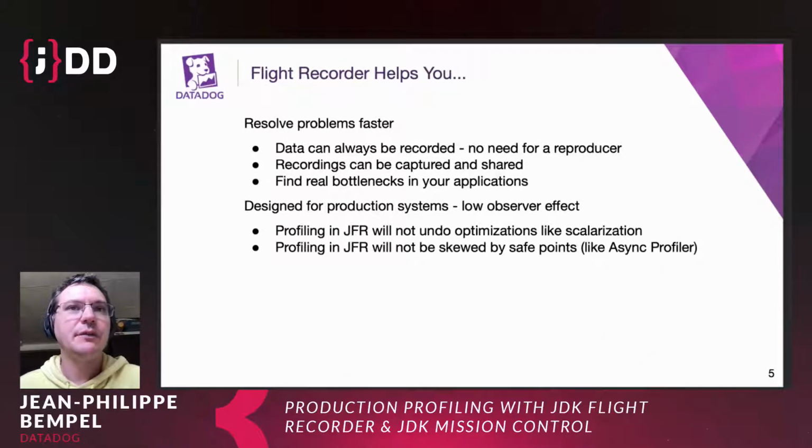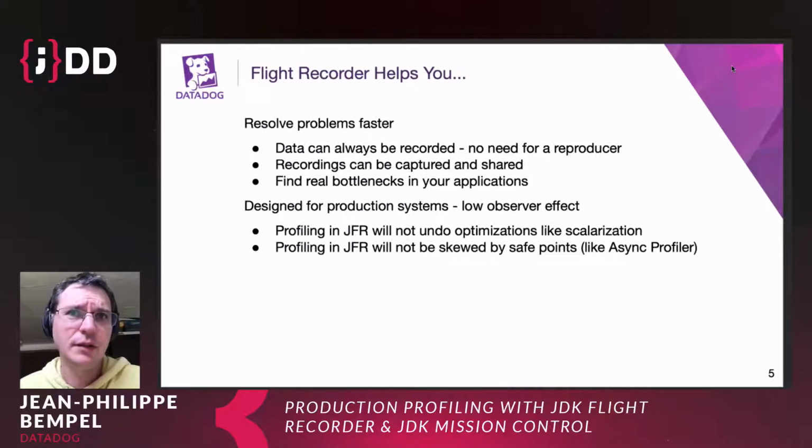Okay, so how does JFR help you to resolve problems faster in production? Imagine you have an issue that only happens in production and cannot be reproduced in test environments. With JFR, data can always be recorded and you can process it post-mortem to find the cause of your issue.